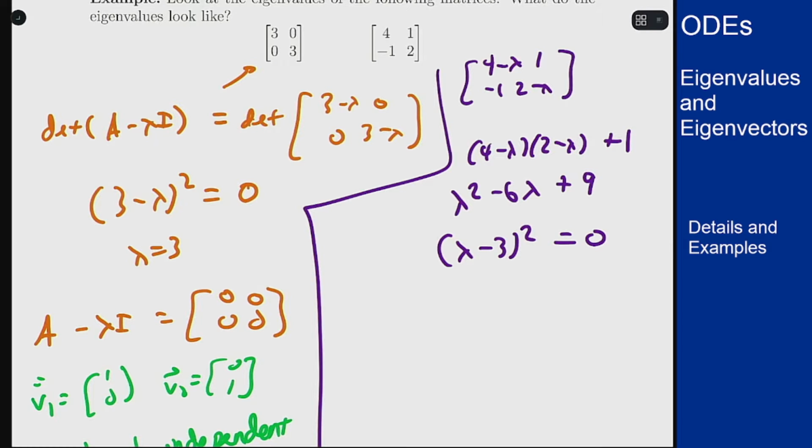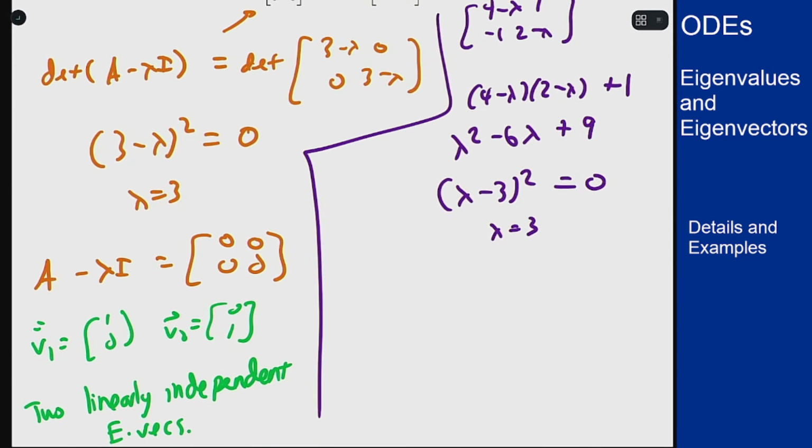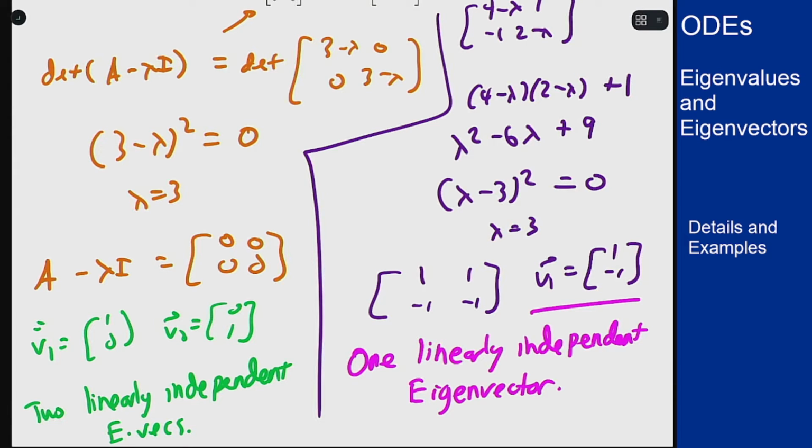So I still get my double root at 3. But when I go to solve for the eigenvectors, the matrix becomes [[1, 1], [-1, -1]], which means I only get a single vector at (1, -1). So I only see here one linearly independent eigenvector. I can't get a second one. I could double this to get another vector, but it's not linearly independent.